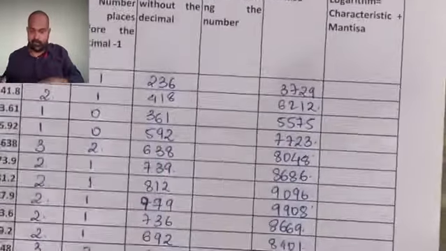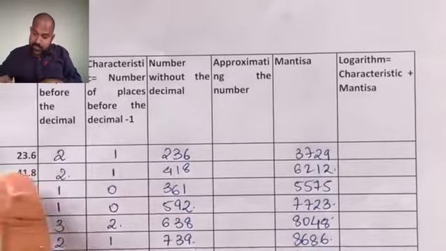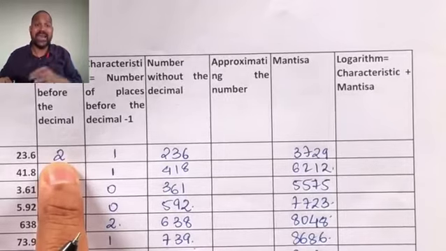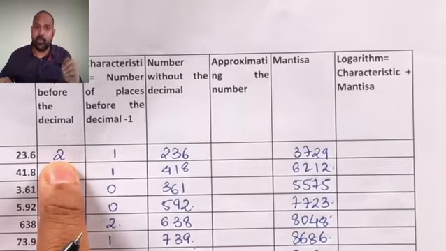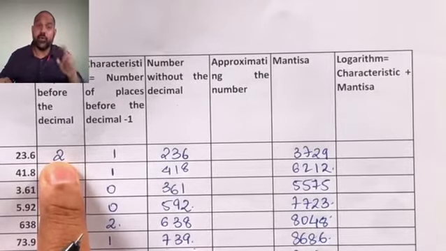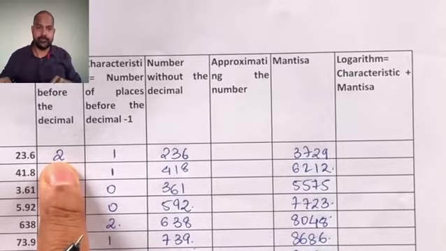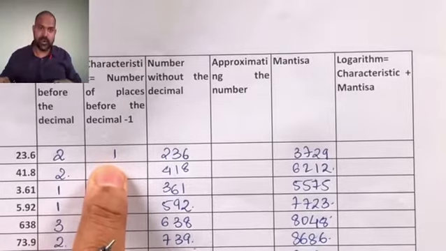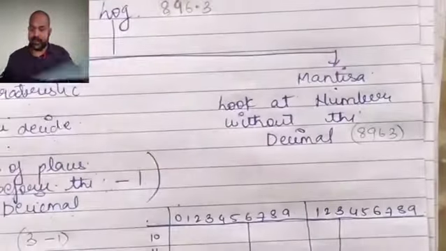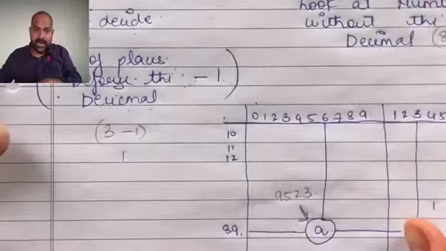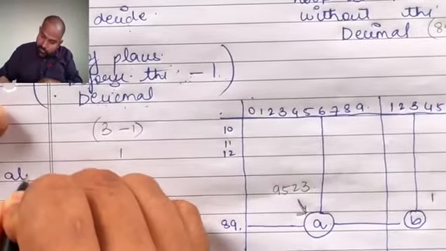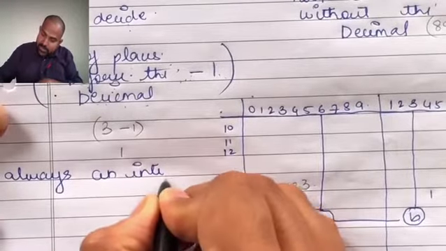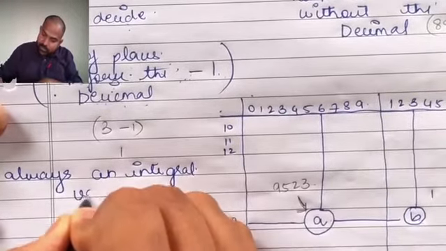What I am trying to say is that the number of places before the decimal is always and always going to be an integral value. What do I mean by integral value? Non-decimal. Then can I say the characteristic is also an integral value, which is a non-decimal? Then let's write that down: the characteristic is always an integral value.